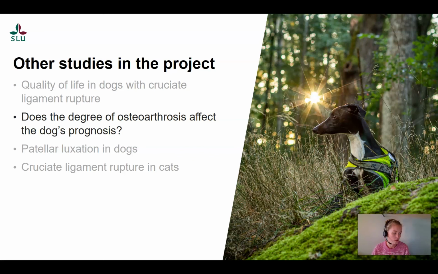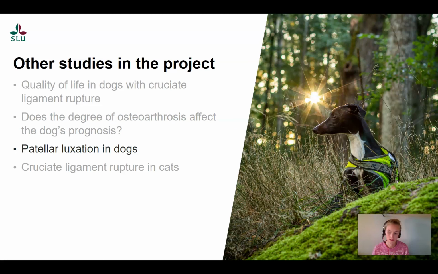We also want to know if it's possible to assess the prognosis for a dog by taking radiographs at the time of diagnosis of cruciate ligament rupture and assess the severity of osteoarthrosis. So that's also an ongoing study in the project.